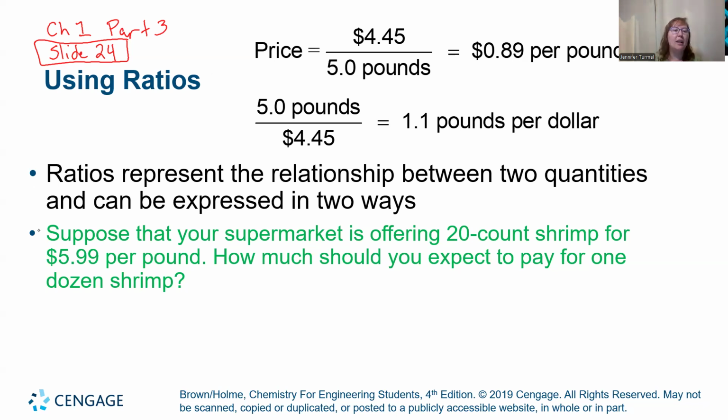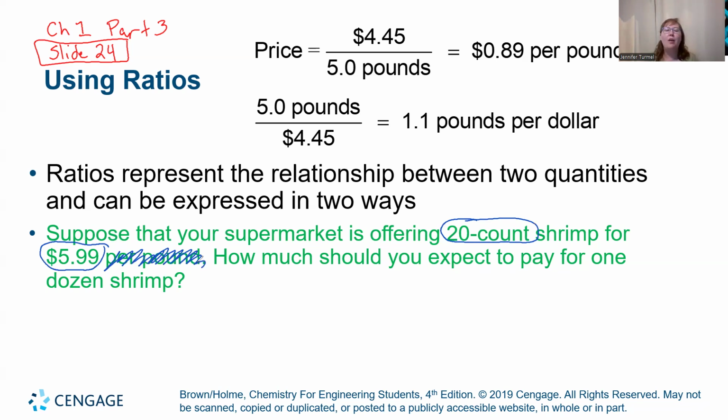Okay, so let's take a look at the example we have here. Suppose your supermarket is offering 20-count shrimp for $5.99. Oh, you know what? This shouldn't be per pound, so take this out. It's offering 20-count shrimp for $5.99.